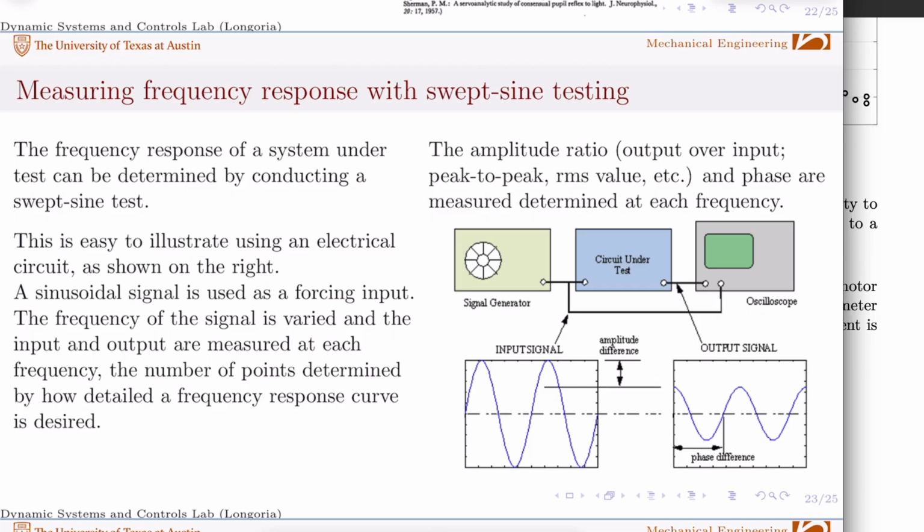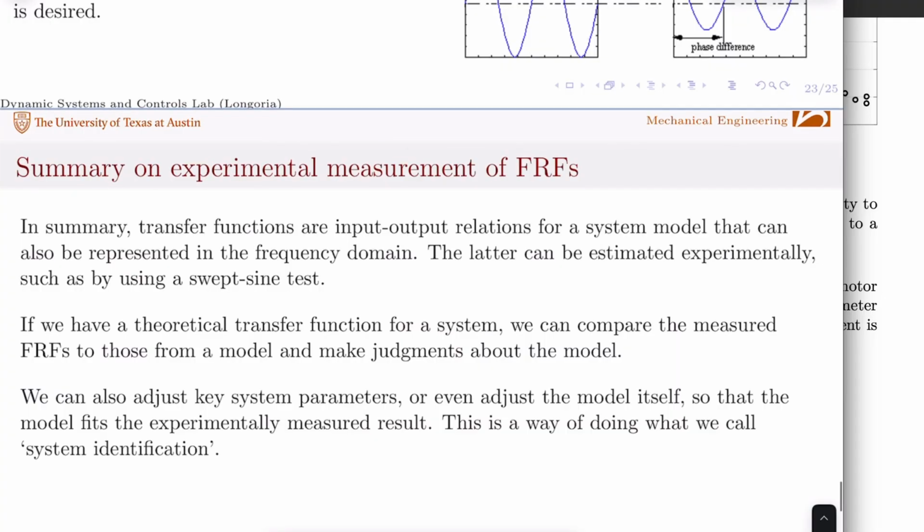Where things get challenging can be when those physical signals are not easy to measure. So, in summary, again, transfer functions give you input-output relations that we can get frequency response functions from. We can estimate those experimentally using swept sine tests or other kinds of tests, right? Random, pulse, a lot of other things.